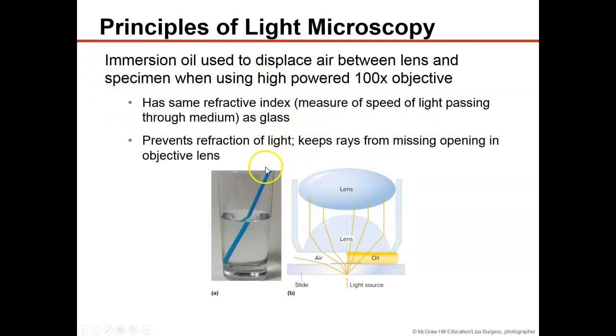When we are looking at something under the oil immersion lens, we add a drop of immersion oil to the slide, and that decreases the refraction. Refraction is the light rays scattering. So we prevent that refraction with the oil so that the light goes through the light source, through the object, and then to the lens.